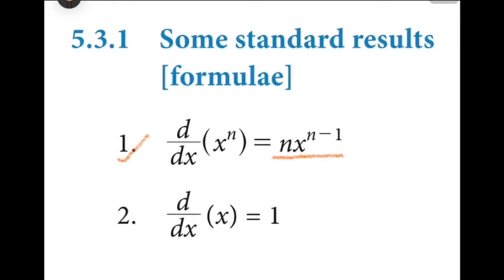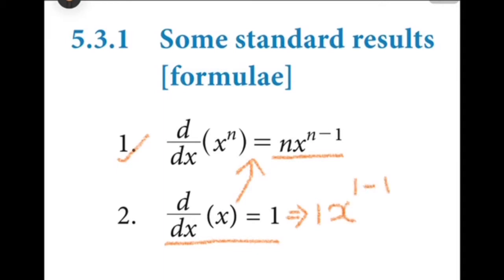Similarly, d by dx of x is equal to 1. Here what is the power of x? It is 1, right? So, if we use the first result here, then d by dx of x, that is, the power is 1, so 1 into x power 1 minus 1.